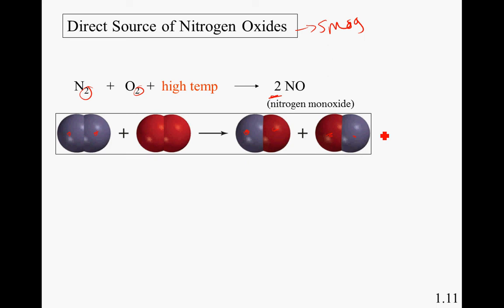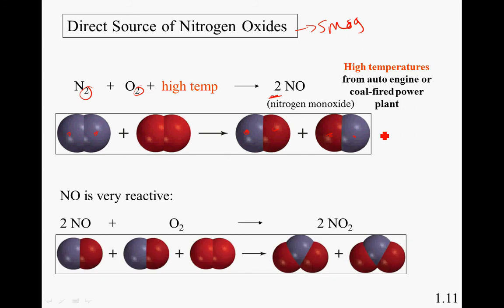Cars give off smog, which contains nitrogen monoxide. Notice that we needed 2 molecules of nitrogen monoxide because the nitrogen and oxygen on the left in the equation are diatomic. Nitrogen monoxide is also very reactive. It reacts further with oxygen to produce nitrogen dioxide.